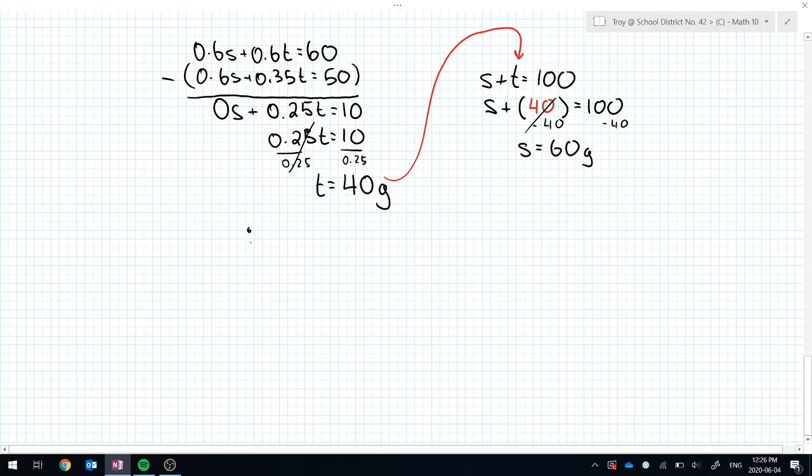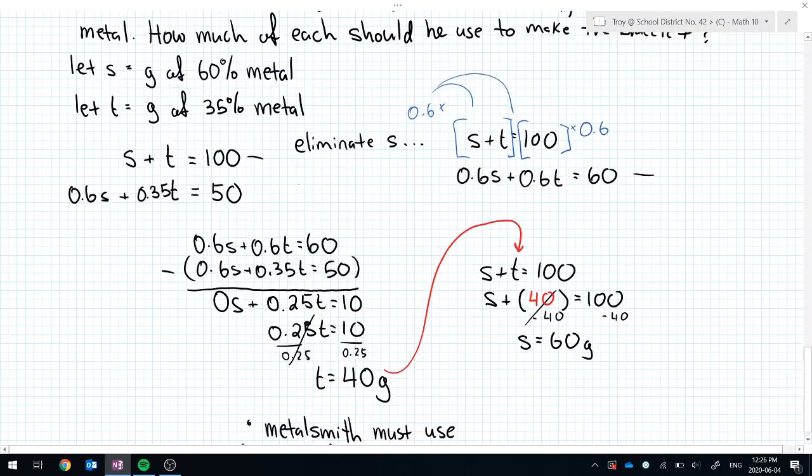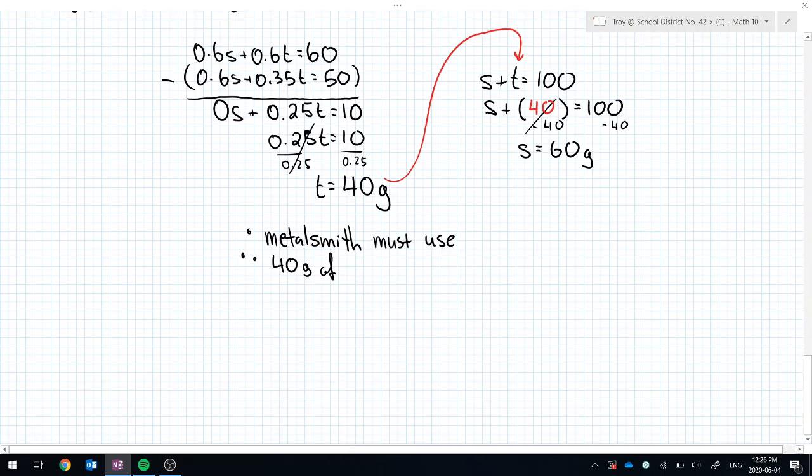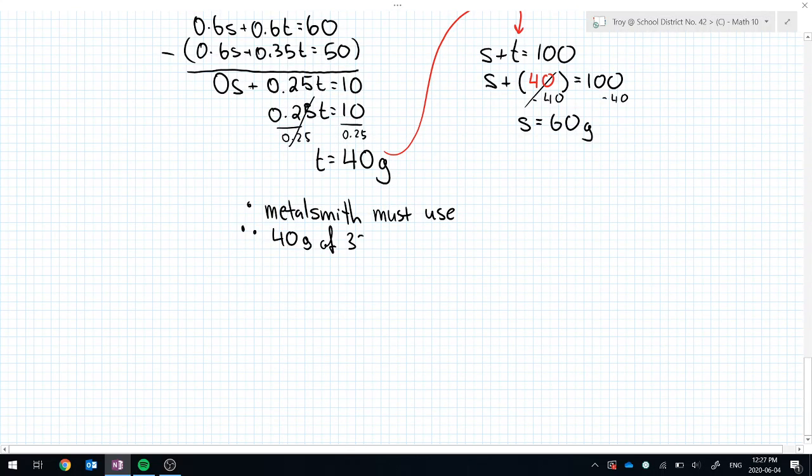So we get an answer, of course, of therefore metalsmith must use 40 grams of T, which was the 35% metal, and 60 grams of the 60% metal.